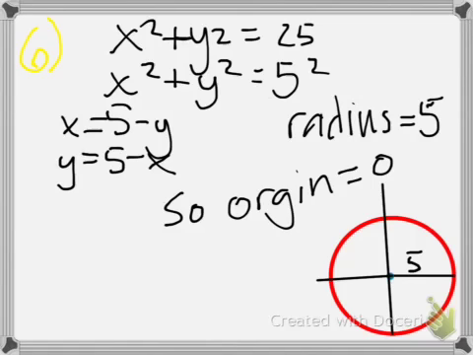If you rewrite the equation this way, we will see that this is the equation of a circle of radius 5 centered at the origin. It is graphed as shown below. The origin is the middle of the circle, and the radius is 5.